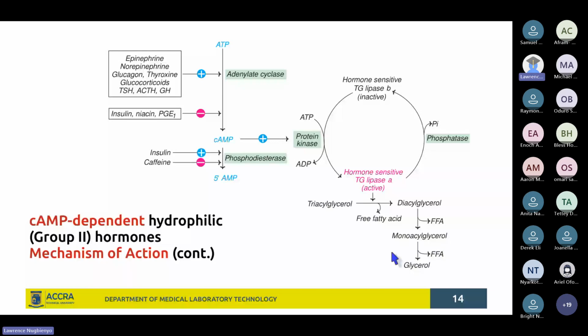Now, maybe another interesting thing you can say about this is the fact that caffeine, for instance, is preventing cyclic adenosine monophosphate from converting back to the linear form. Practically, there are some caffeinated drinks, some teas, that are promoted for weight loss.